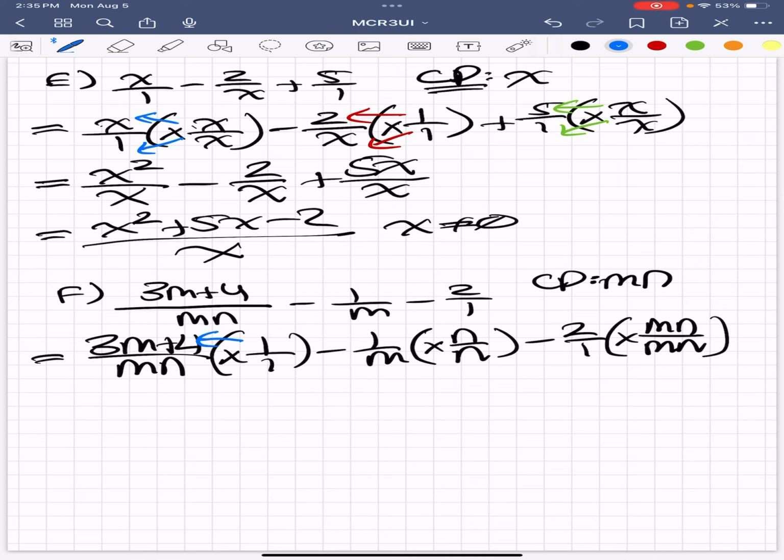Remember, we're multiplying by a conjugate, by the correct conjugate to create the common denominators. So we can add and subtract the numerators.